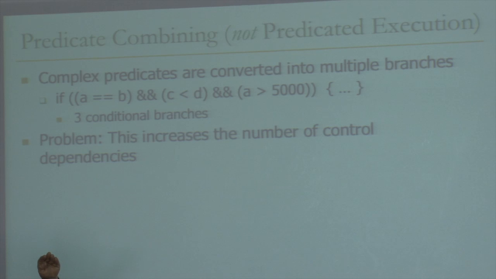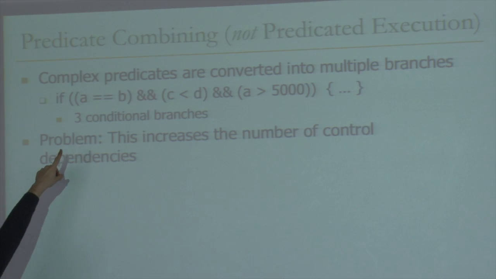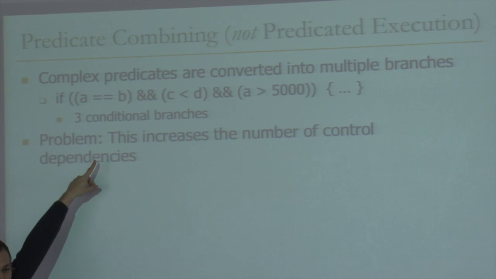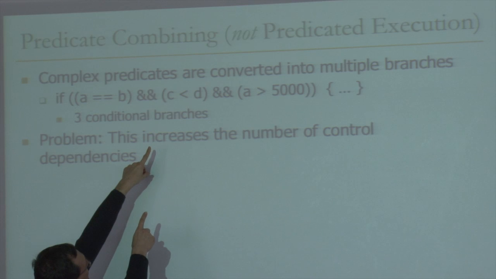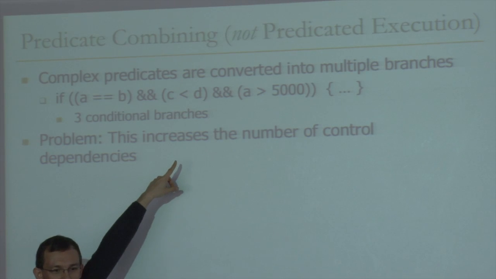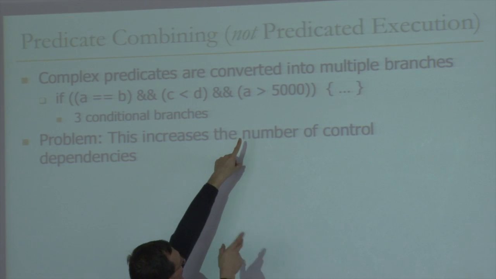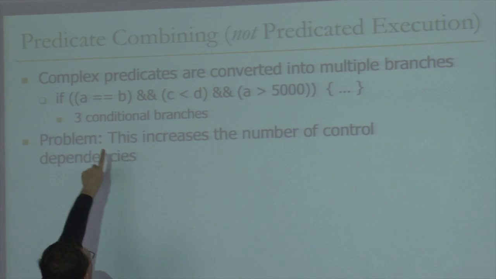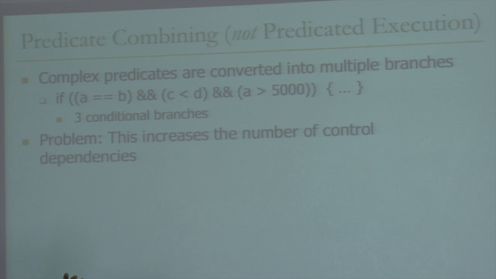That's 3 branches. Or what the compiler can do is compare A and B, stored into a general purpose register. And then compare C and D, stored into a general purpose register. Compare A and 5,000, store the result into a general purpose register. And then logical AND all those general purpose registers to generate a condition.